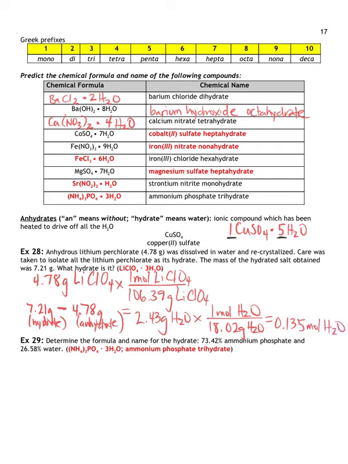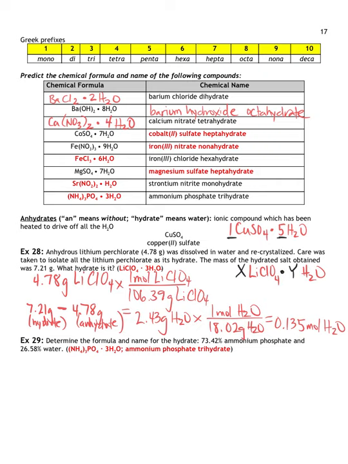Now my formula looks like this: X for the lithium perchlorate and Y for the water, mole-wise. So X of lithium perchlorate, Y for water. And I want to find that formula by ratioing.